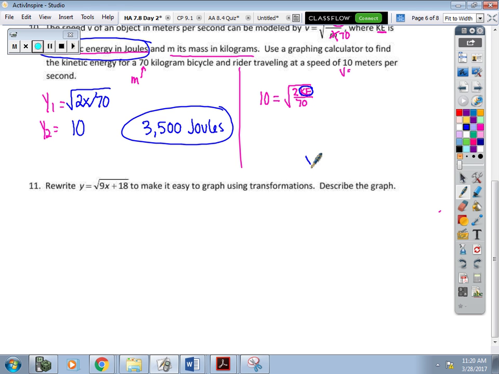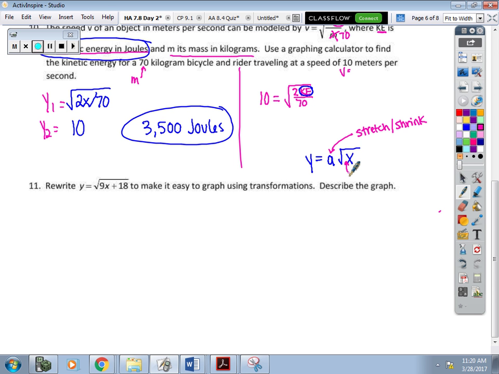But if you remember yesterday, we talked about all the transformations, the translations, shifting left, shifting right, up and down. And we talked about the number in front of the square root, which is a stretch or a shrink, depending on its value. We never talked about what happens if you have a number inside, okay?